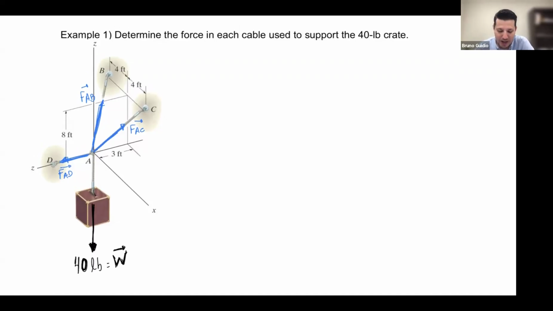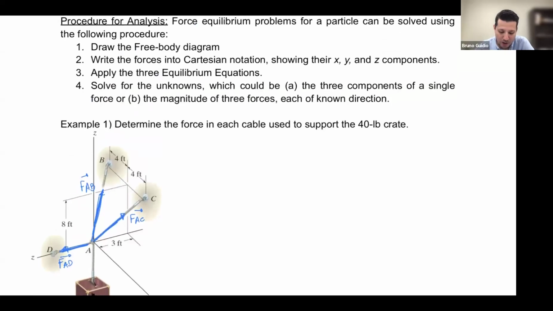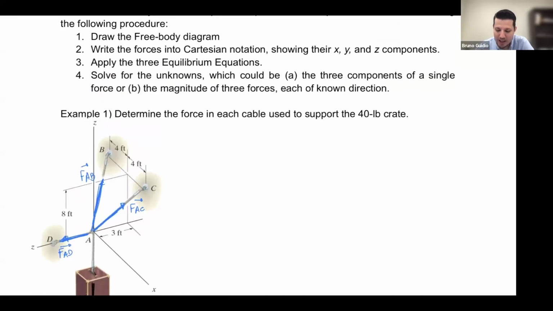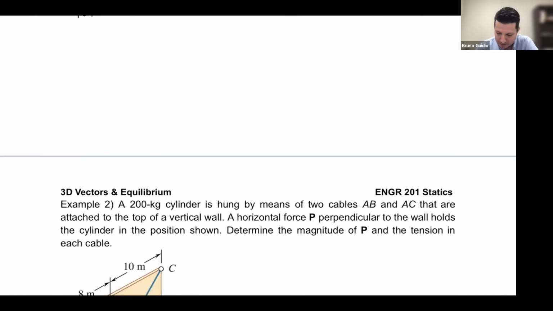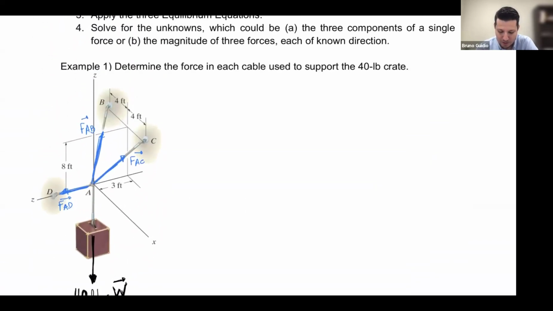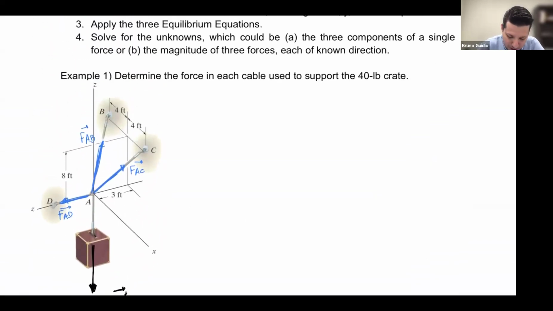So what I need to do now is write the forces into Cartesian notation in XY components. Let me write FAB, FAC, FAD in the Cartesian notation. How am I going to do it? I have a little bit of space here, so let me put it here.